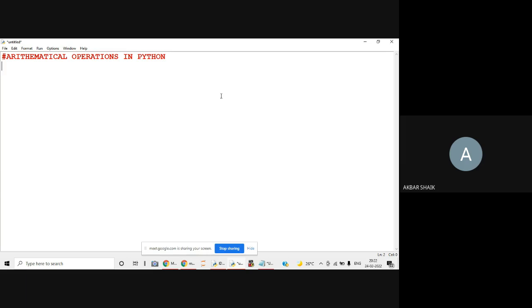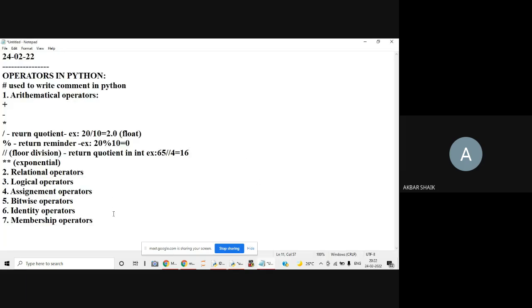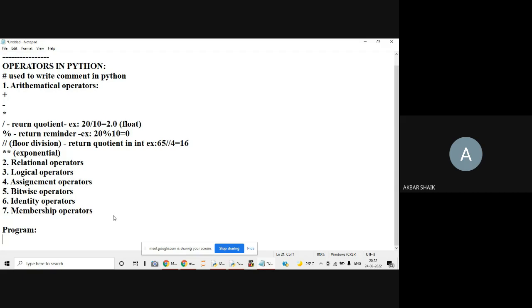First, all of you please remember, whenever you are writing any program in any language, whether it is Python, C, C++, or Java, whatever the language may be, please remember my points.